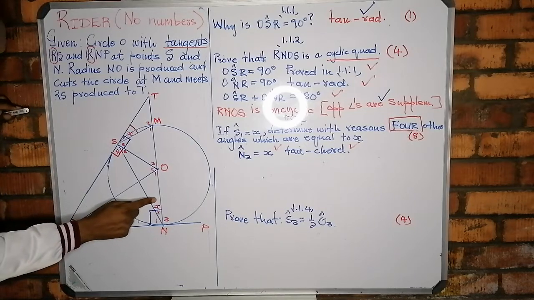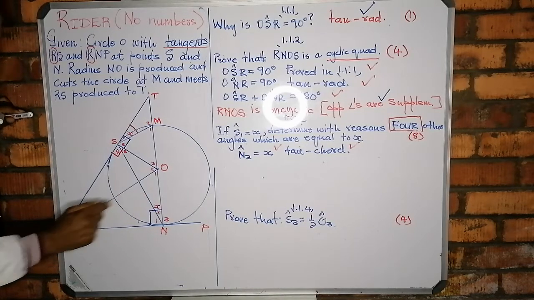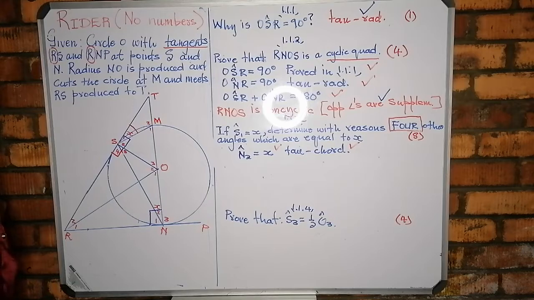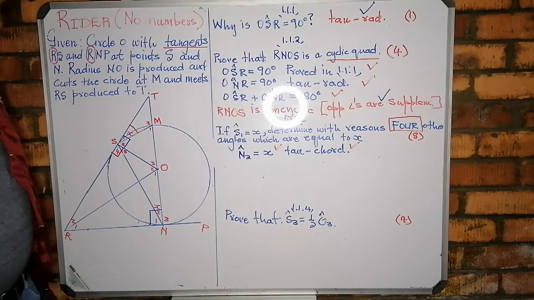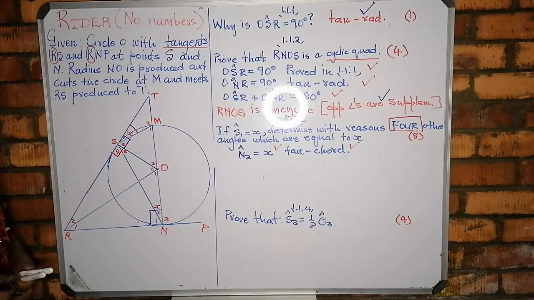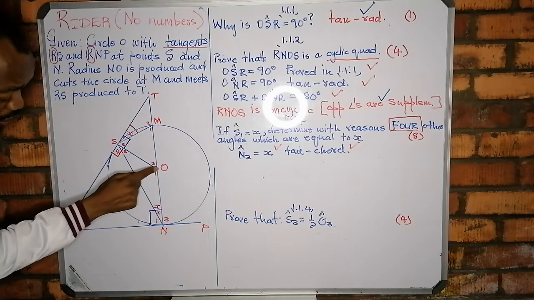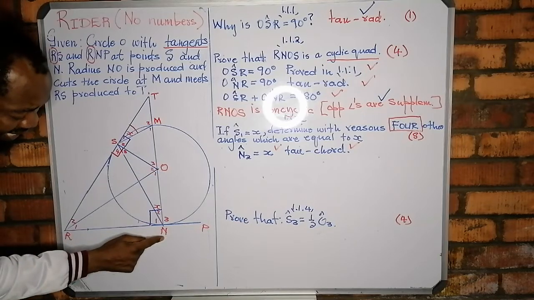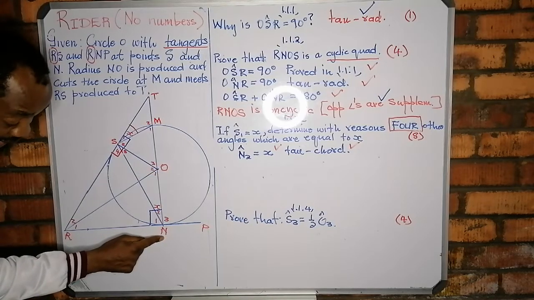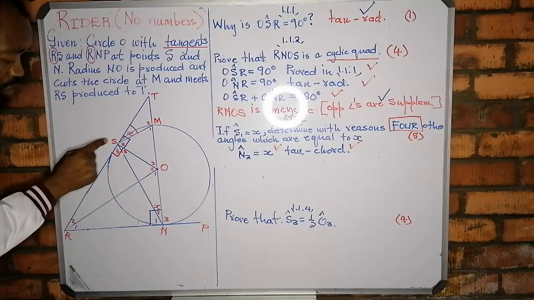Now, we can see that this is X. Where's another one? Alright, it's fine. I can hear it calling my name, saying, here am I. Look at ON. It is the radius. Look at OS.